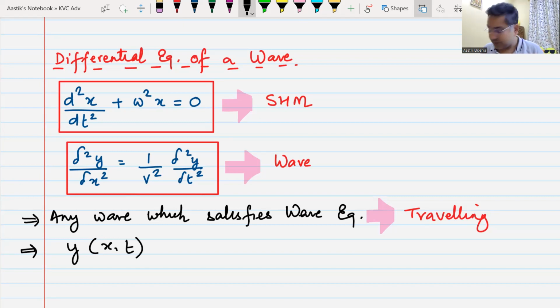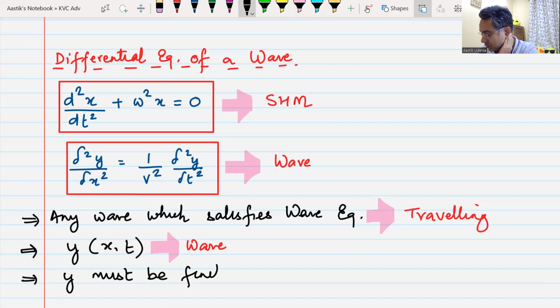But any wave where y is given as a function of x and t, where you can vary both x and t, is the equation of a traveling wave. But you must remember one more condition: the value of y must be finite at all times.